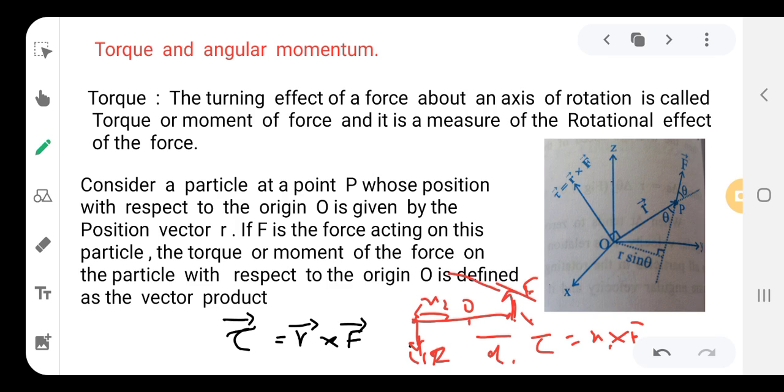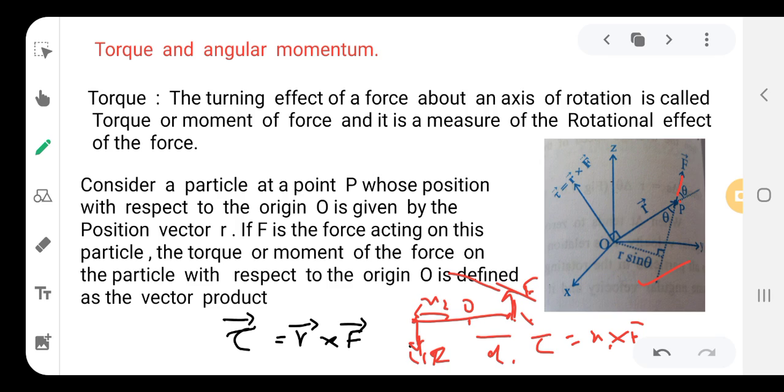Now let us consider this diagram. Let us take a point P on the ZY plane. F is the force applied on this point, and here you can see there is a rotatory effect.